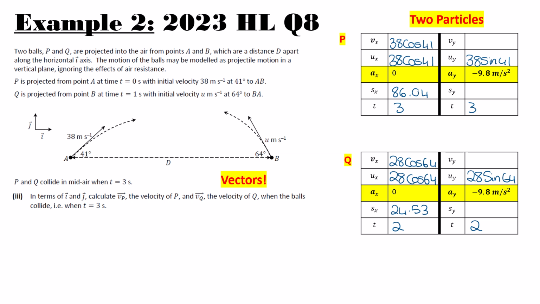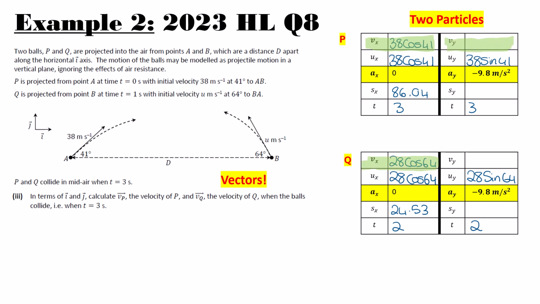So part 3 has asked us to find, in terms of I and J, the velocity of P and the velocity of Q when they collide. So what we want to work with here is our V in the I direction, which we have, but our V in our Y direction, which we need.